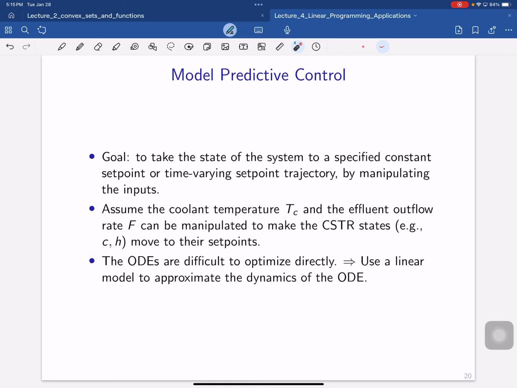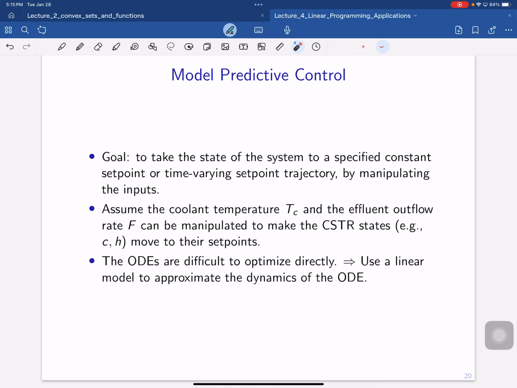So how do you approximate the ODE system using a linear programming model? We are not going to cover that in this class. This is called the system identification problem in control. You can assume someone did some experiments and came up with a linear model that approximates this ODE system very well.